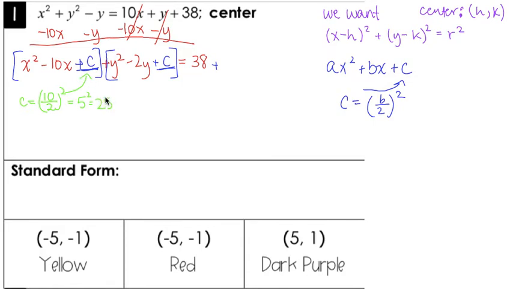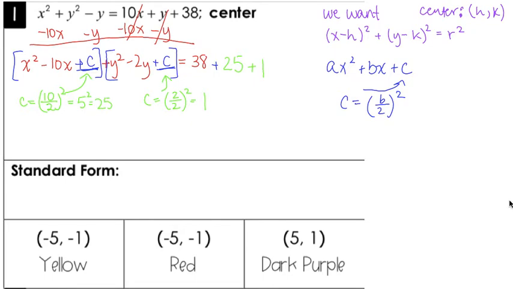I want to add 25 to both sides. For this one, the y, c is going to be using this b. So that's 2 over 2 squared, which is 1 squared, which is 1. So I'm adding 25 and 1 to both sides of the equation. One is going to go in for this c, and the other is going to go in for this c.